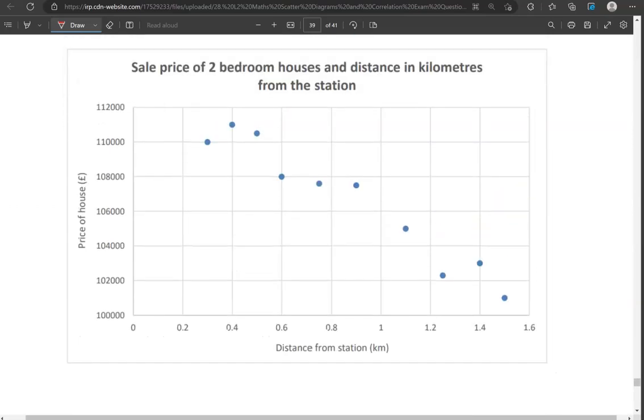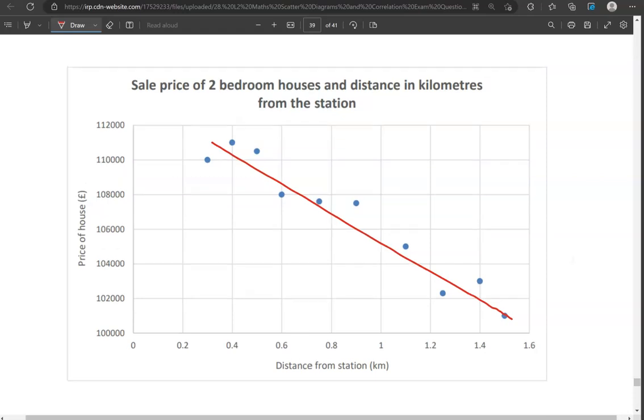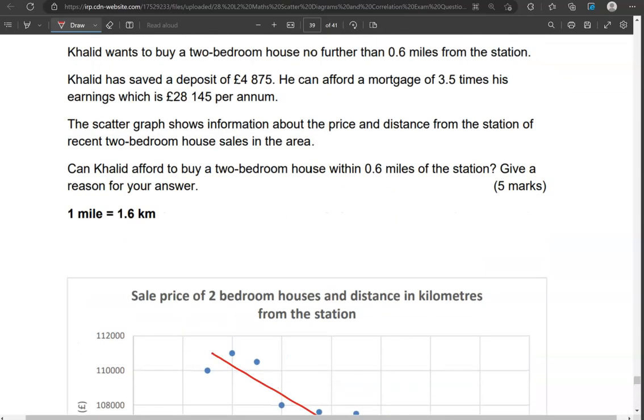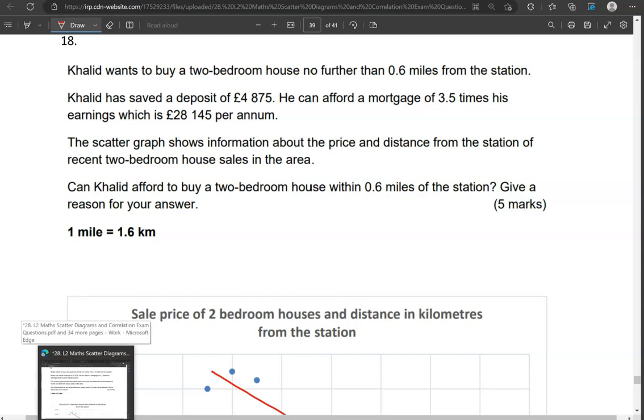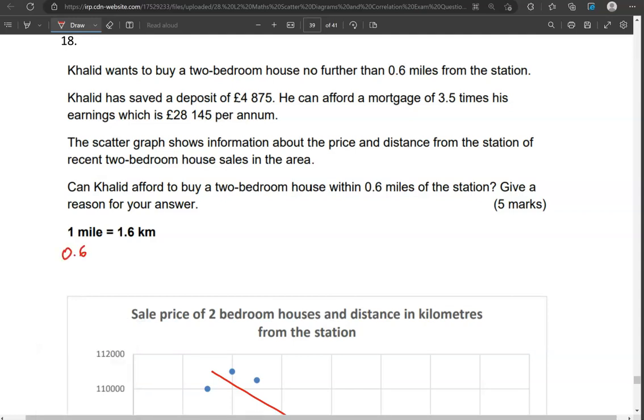So we have here the scatter diagram, and we're going to draw the line of best fit. So we're looking for 0.6 miles from the station, and we know that 1 mile is 1.6 kilometers. What about 0.6 miles? To get from 1 to 0.6, we'll multiply 1 by 0.6.